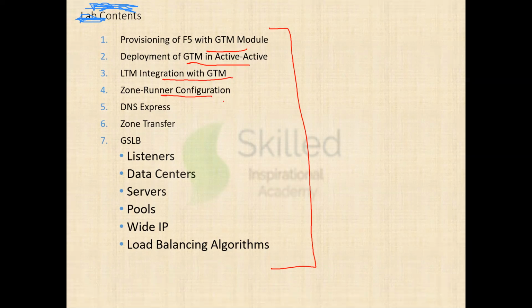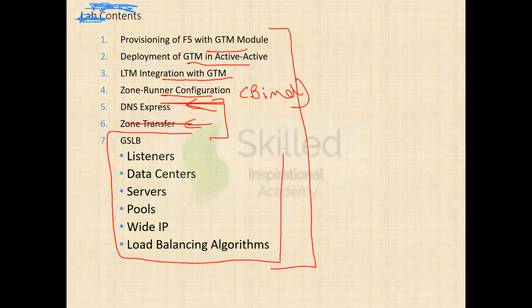We will see zone runner configuration, which is called bind. We'll see how to configure DNS Express and how to do zone transfer. Then we will come to intelligent DNS resolution. We will see how to configure listener, data center, servers, pools, wide IP, and load balancing algorithm.